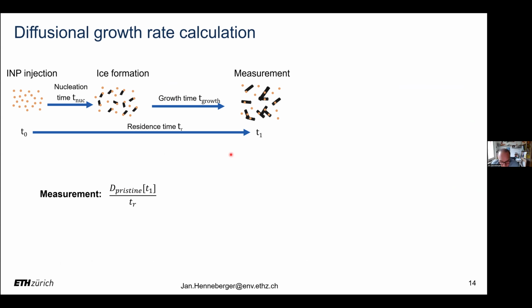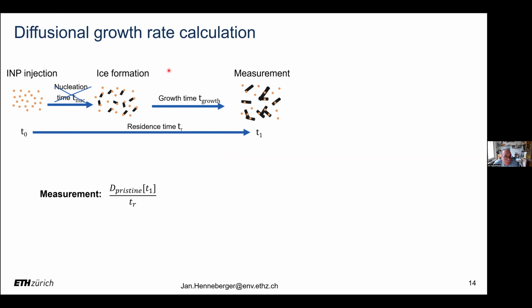Okay, next we're looking into the diffusional growth rate calculation. Here we want to know how big our particles are that we can measure with HOLIMO and how long they have grown. But what we have for measurement is only the residence time and not the growth time.